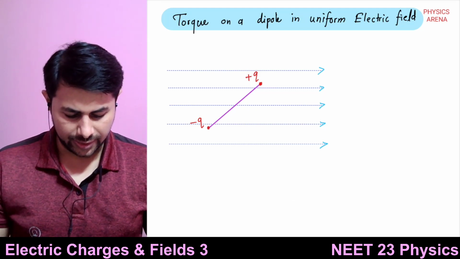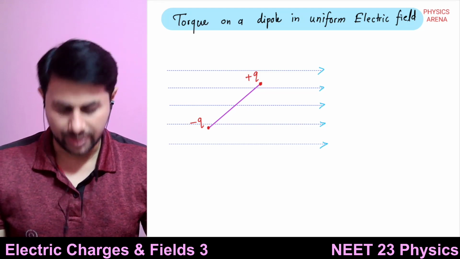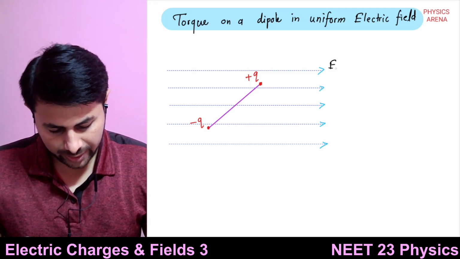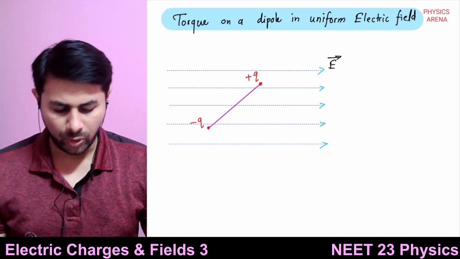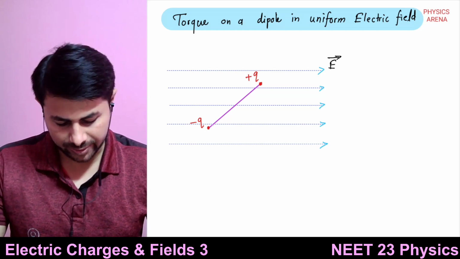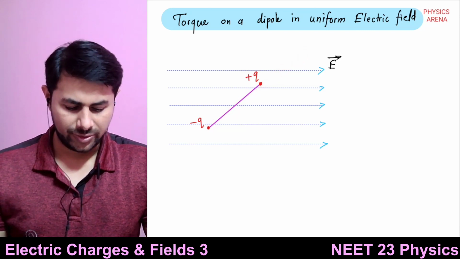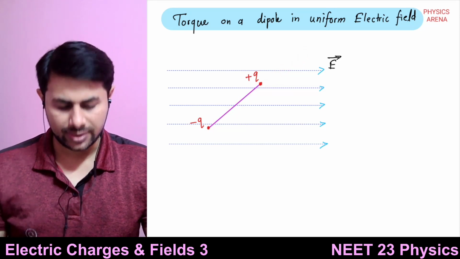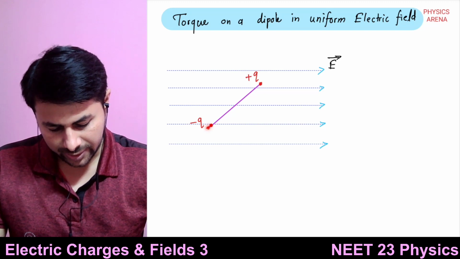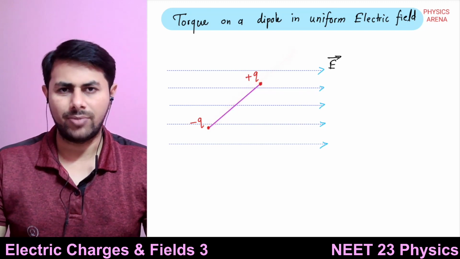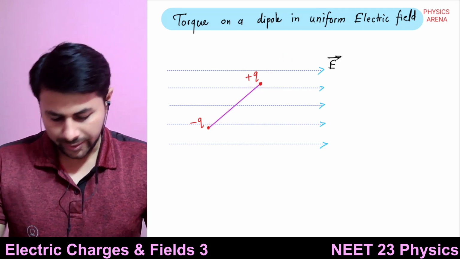And there is some angle between this electric field E bar and the dipole moment. So dipole moment is directed from minus q to plus q, right? We learned yesterday that the electric dipole moment is directed from minus q to plus q.